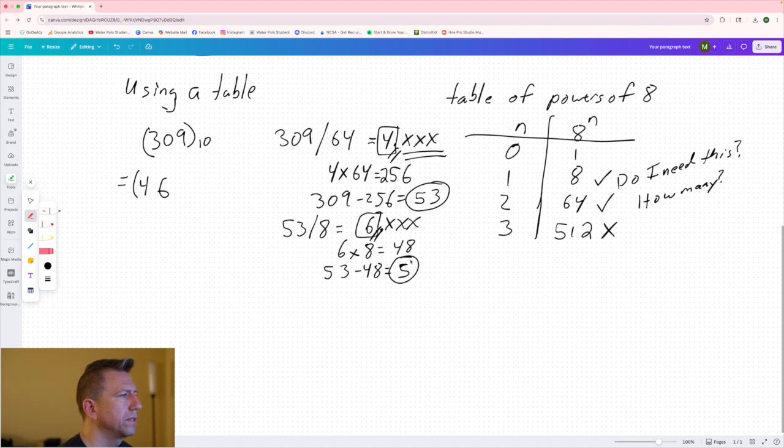So now I'm left with 5. So I need to account for 5. So I accounted for 256 in this first number, 4. And then I accounted for 48 more in this 6. And so we have 5 left to account for.